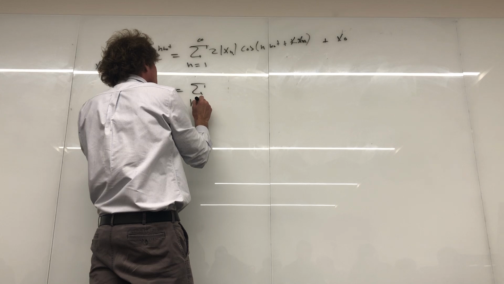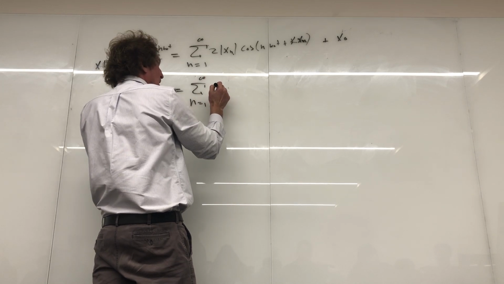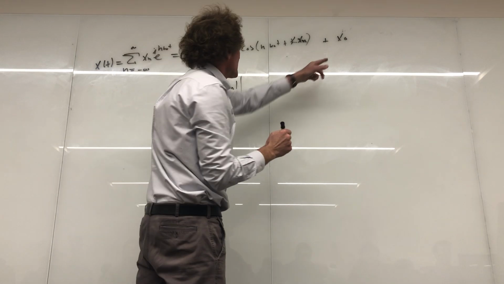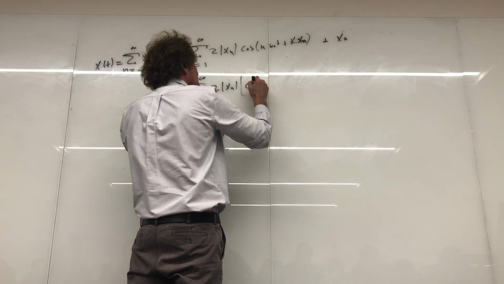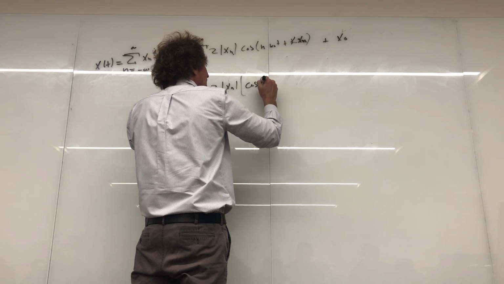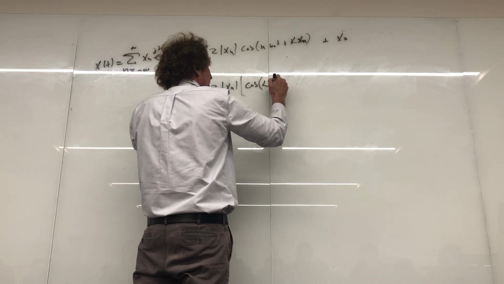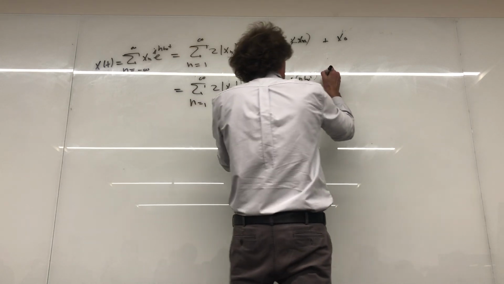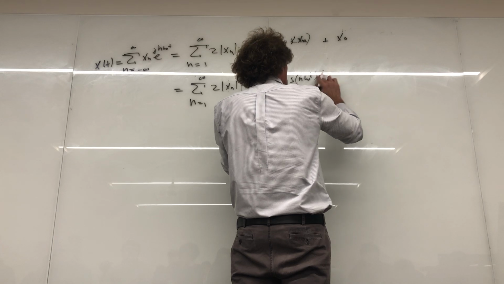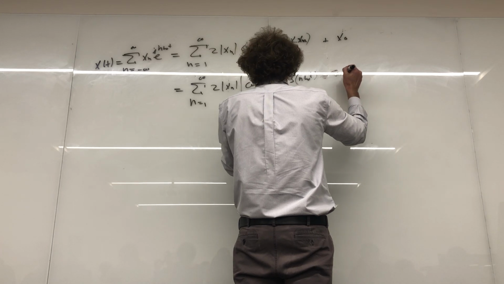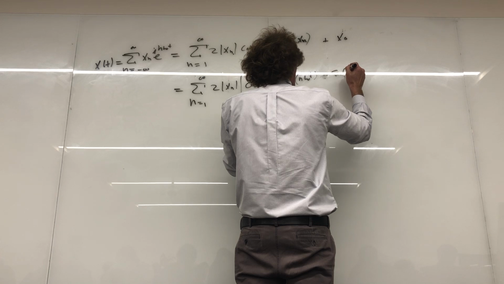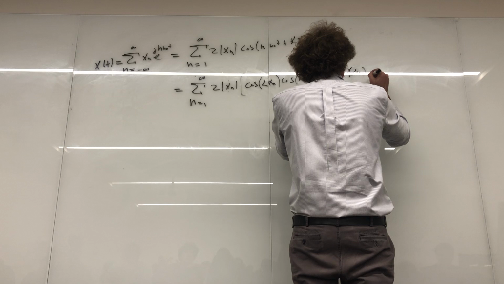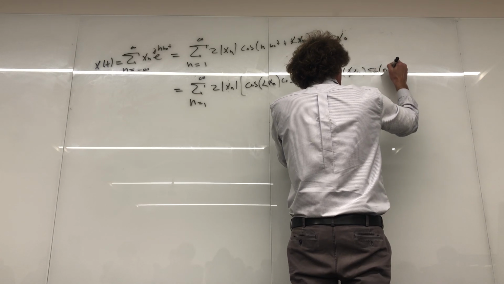This can be rendered as n equals 1 to infinity of 2 times magnitude of x of n, and now instead of this cosine business, I'll take cosine of the angle of x of n times cosine of n omega naught t, then minus sine of the angle of x of n times sine of n omega naught t.